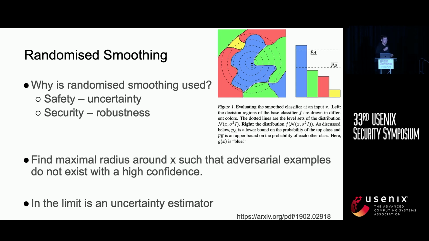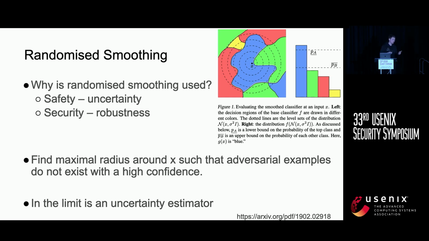Basically, what you do is you grab a single data point. You then apply a little bit of noise on top of it such that it covers quite a lot of space. In the limit, obviously, you cover all of the possible space. And then you compute predictions, and you compute basically the upper bounds and lower bounds. If we assume limited sample size, you can say with a certain probability how many adversarial examples I will observe, i.e. whether somebody can manipulate it. Importantly, it's used for both purposes, safety and security.